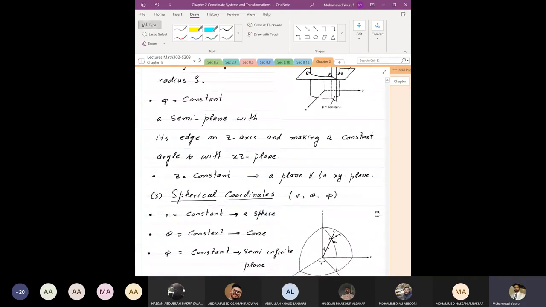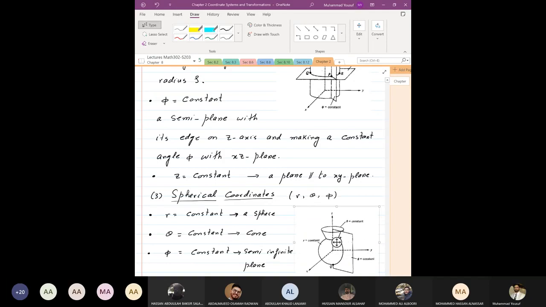And similarly, this is figure given previous. So let me just erase this. And for spherical coordinates, this is a good figure. Let me put it here, where you can clearly see that theta constant is a cone, like what we have written here.